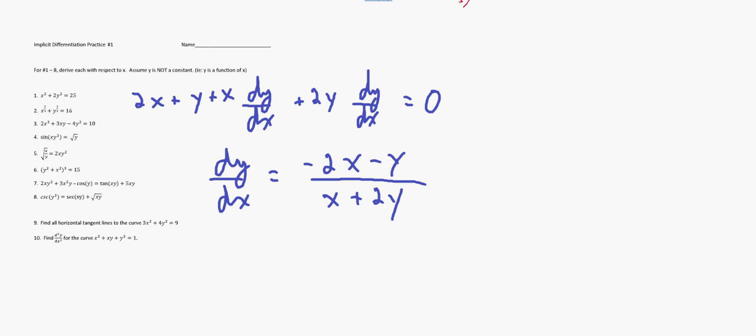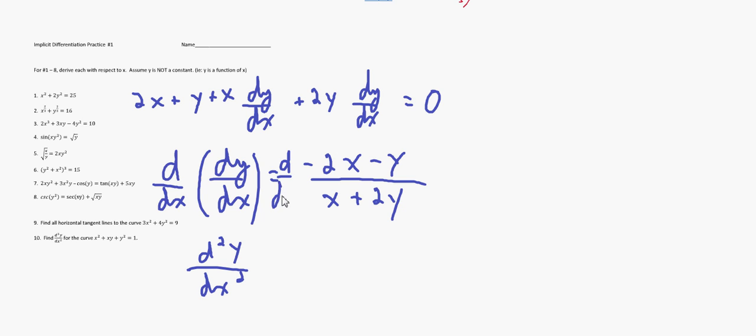Okay. Second derivative means derive both sides again. And really the notation for this, d squared y, comes from the fact that we're doing d/dx of that whole thing again. So it's d d, which is d squared y, over dx times dx, squared. So d squared y over dx squared equals the derivative with respect to x of this guy. To derive this thing inside of here, we need to do the quotient rule.